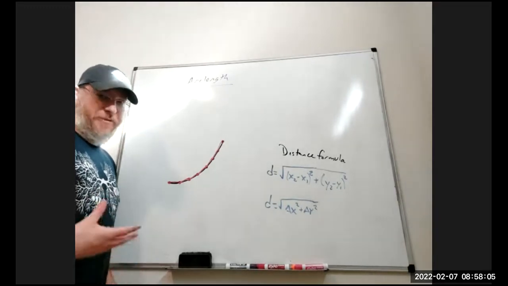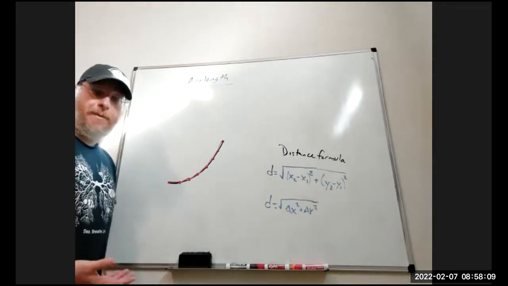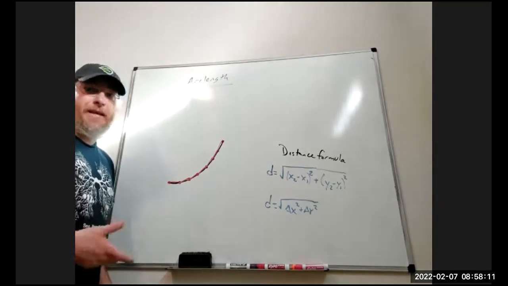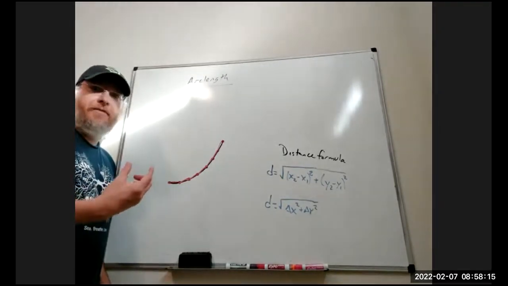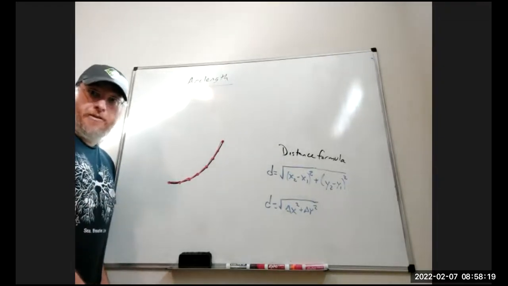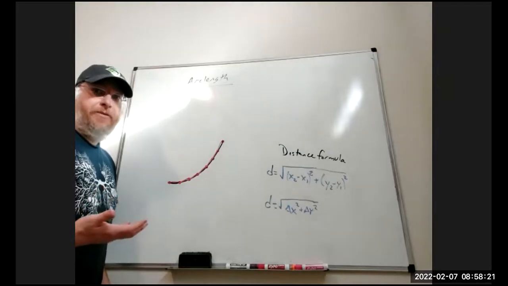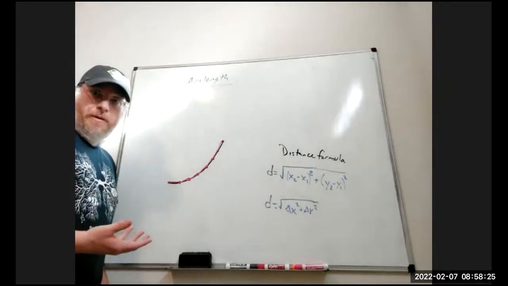Well, if this is feeling kind of familiar, it should, because this was basically what happened with areas. We started by saying, all right, well, let's just approximate it with a handful of rectangles that are easy to find the areas for. We saw that it was a decent approximation, but it got better as we had more of them.